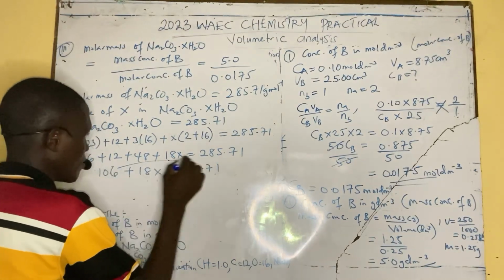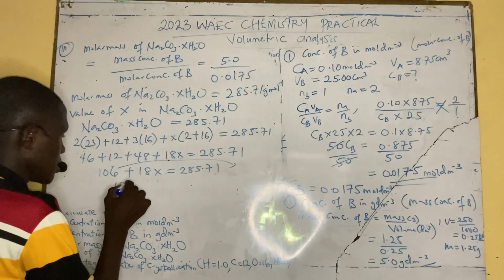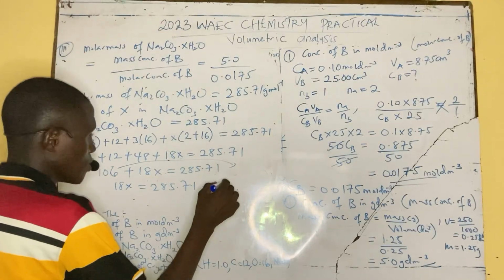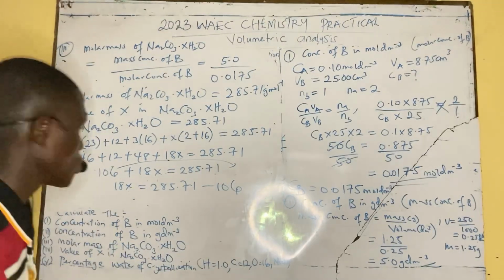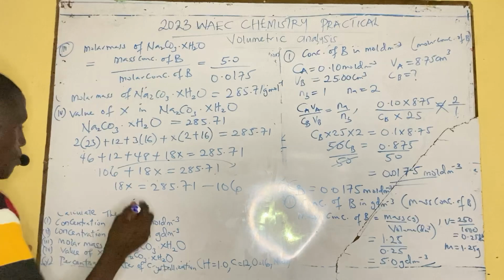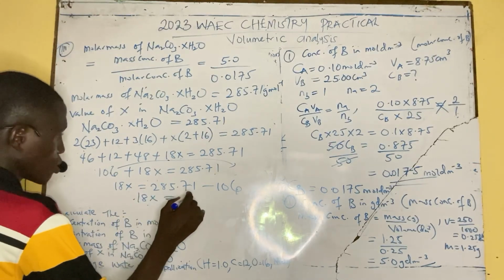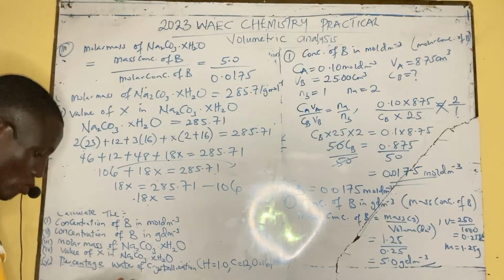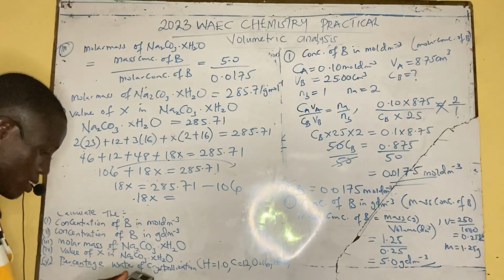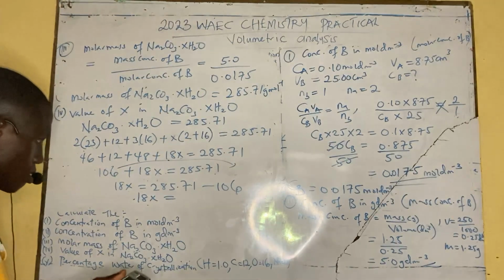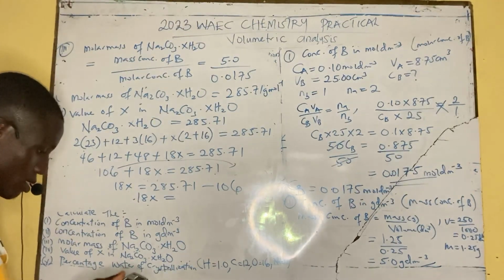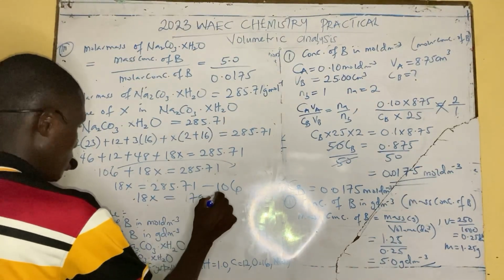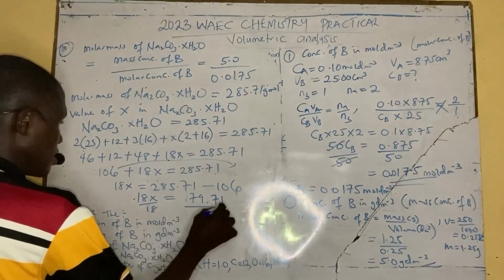We collect the like terms, so we have 18x equal to 285.71 minus 106, which equals 179.71. So we divide both sides by 18.